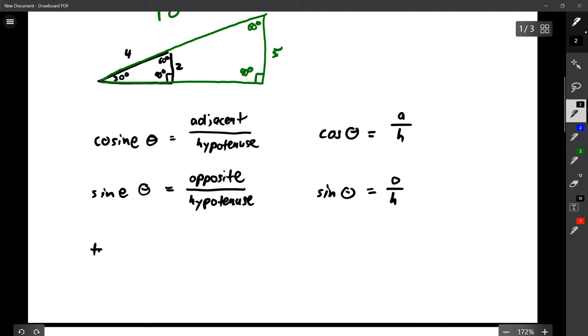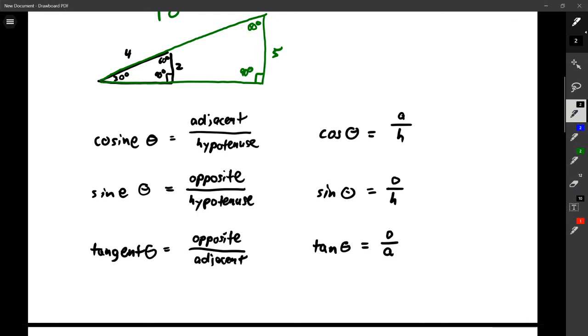And then tangent. Tangent of theta equals the length of the opposite divided by the length of the adjacent. Or the abbreviated version, tangent, abbreviated as TAN, tangent of theta equals opposite over adjacent.